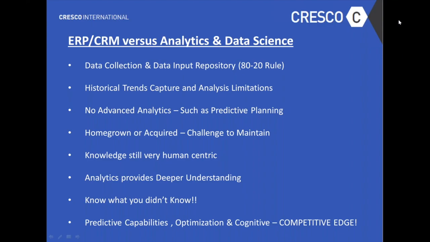Unfortunately, those ERPs and CRMs don't give you that. So just as Himangi was saying, ERP systems will not give you the historical trends, so you cannot capture that information. And then the competitive edge is in knowing predictive analytics, optimization, and cognitive.